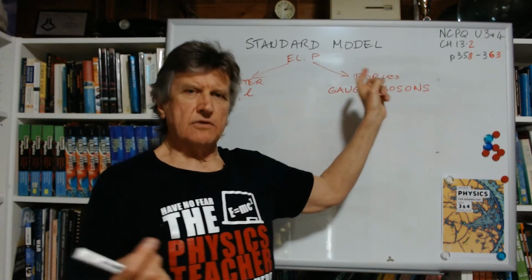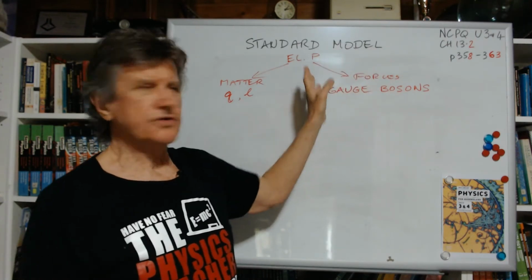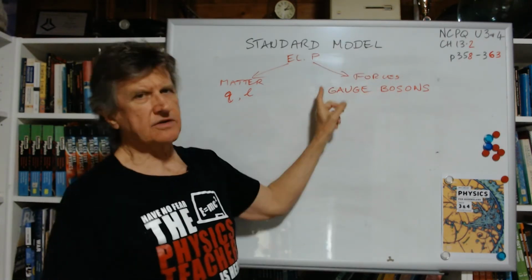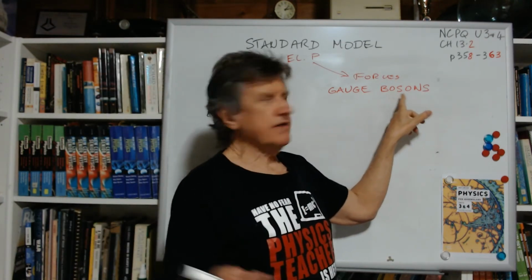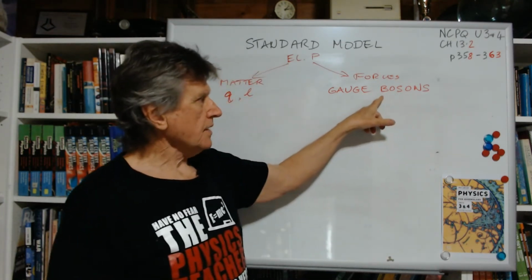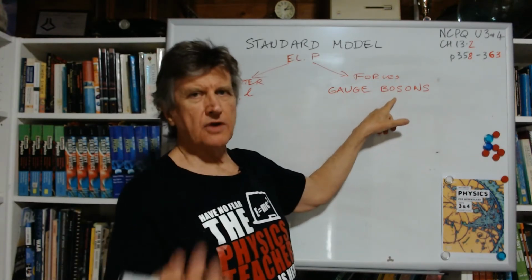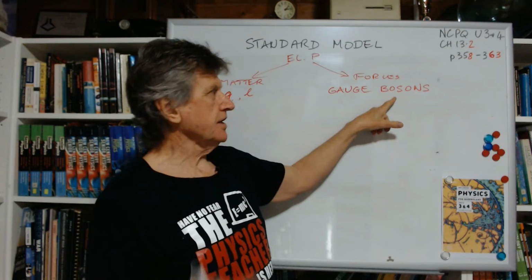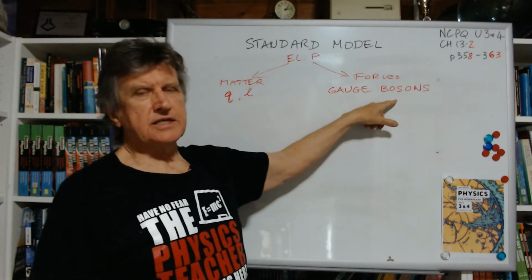If you're doing it for a research assignment, research investigation, then of course you'd need more detail. And in the text I've gone into it. Boson, I'll just tell you briefly, is a special word named after Satyendra Bose that I was telling you about, the Bangladeshi physicist, and it's to do with their spin.